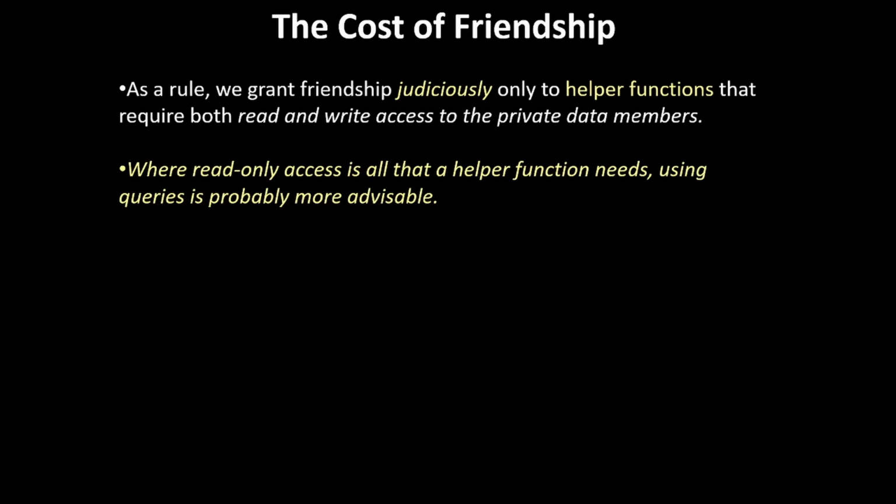Where read-only access is all that a helper function needs, using queries is probably more advisable. So what we said is, if we've got read and write, that's one situation. But if we have a need for read-only access, then queries are probably a much better option.